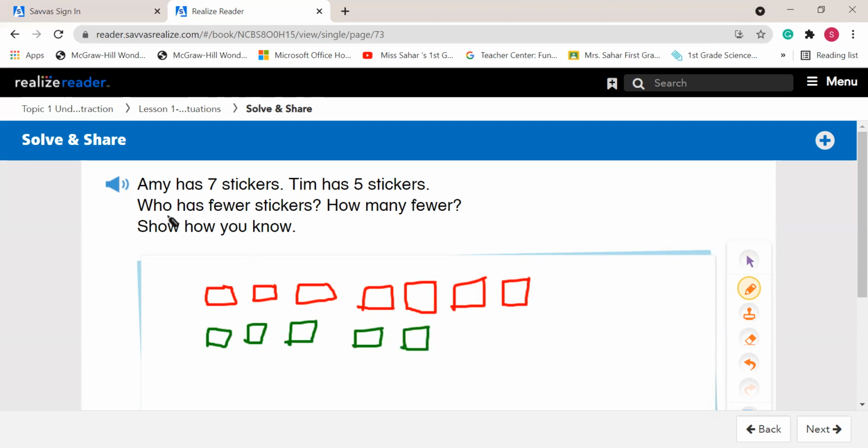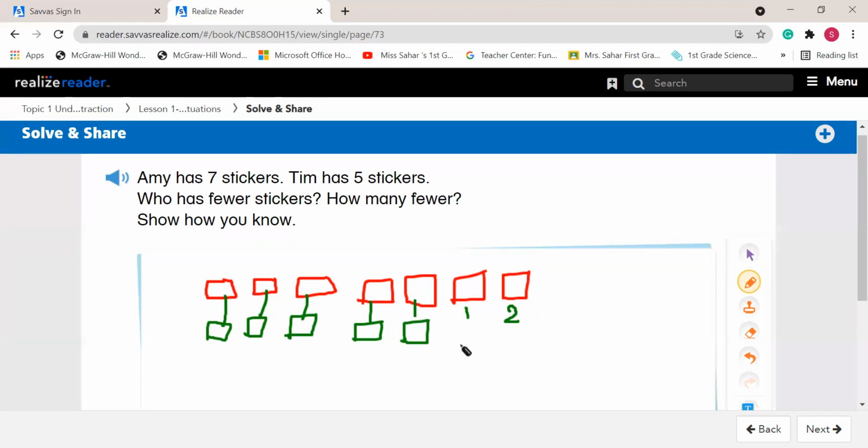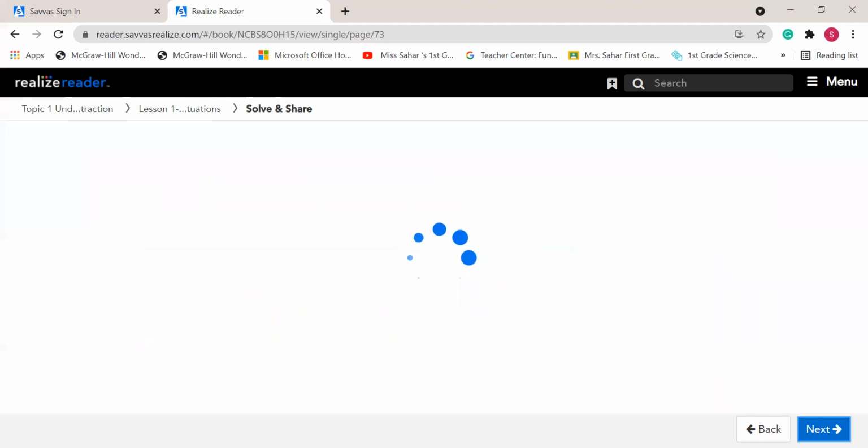Now my question is, who has fewer stickers? Amy has 7 and Tim has 5. So I can see that Tim has fewer stickers than Amy. Tim has 2 fewer stickers than Amy. All right.